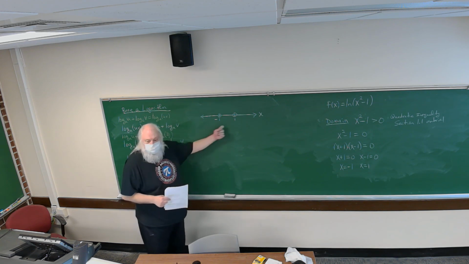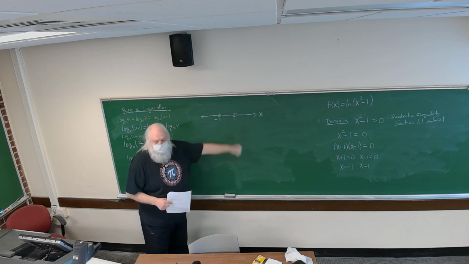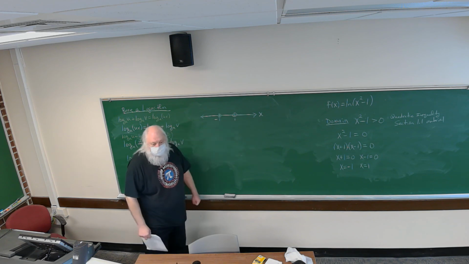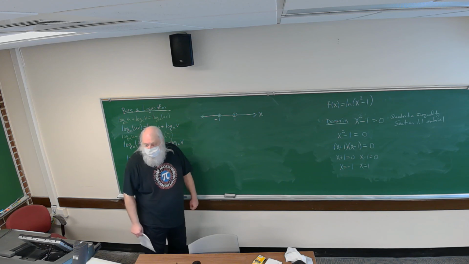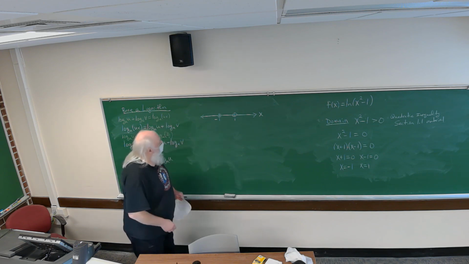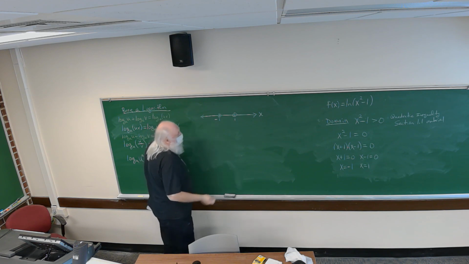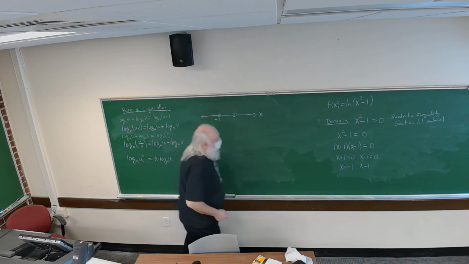And then we use the test point method to see if any of these three intervals are in our solution set. Does this all sound vaguely familiar? Right, this could be on the final. This could be a final exam question. And so, test point for numbers less than minus 1, I use minus 2.